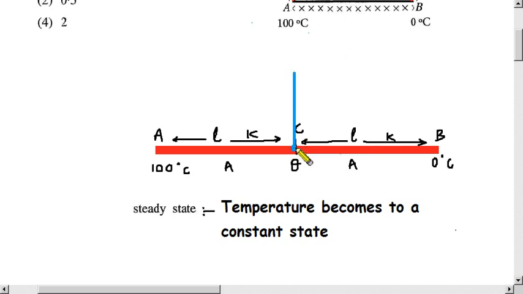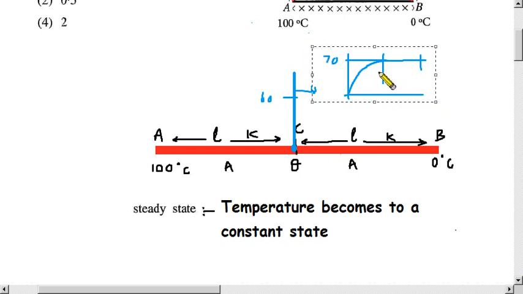Previously the temperature was increasing. We observed that a minute ago the temperature was 60, and after a minute now it is 61. So the temperature is increasing, we can identify that. After a certain time we observe that the temperature doesn't change. Say at 70 it is always 70, after 5 minutes it is still 70. That is the steady state.